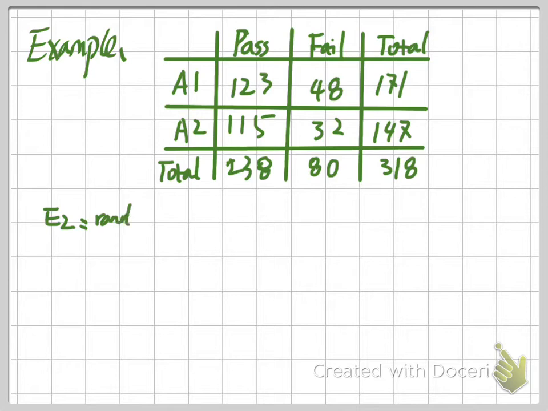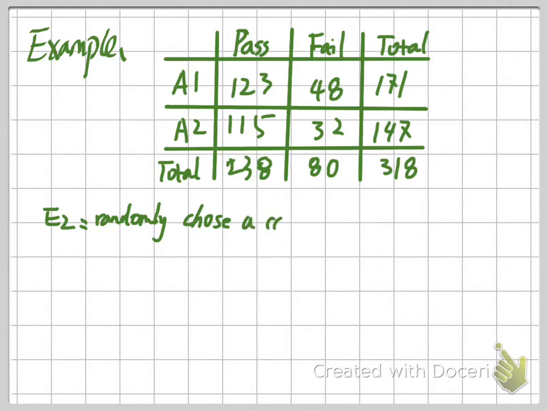The first one is pass and the second result is of course fail. Not all people take both of them. Maybe some only take A1, and maybe some only take A2.